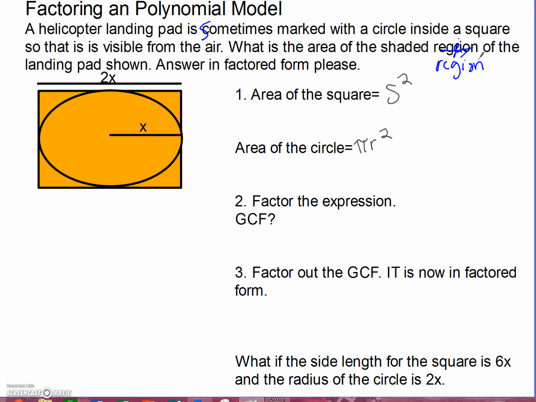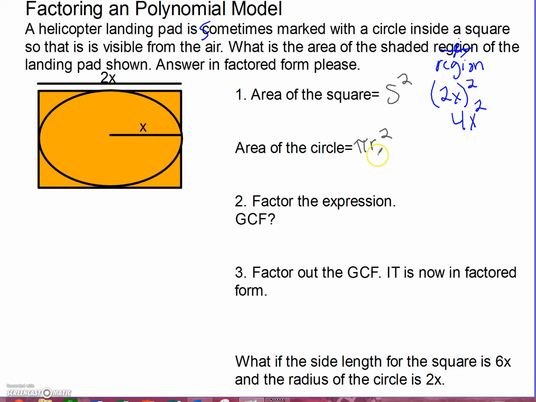Okay, so how we do this is we want to find the area of the square. Okay, so we see that one side is 2x. I've already given you the formula because I'm nice. Okay, we put in 2x squared. So 2 squared is 4, x squared, 4x squared is my area of the square.